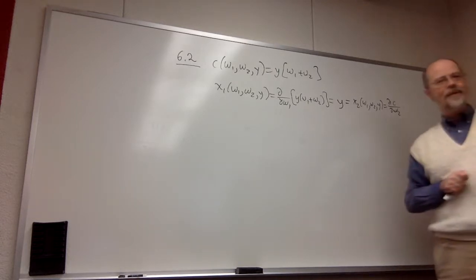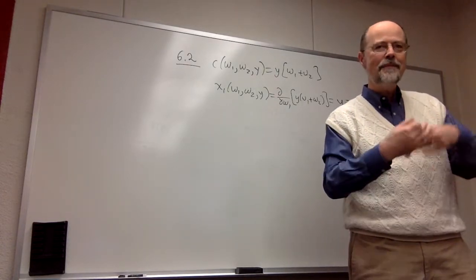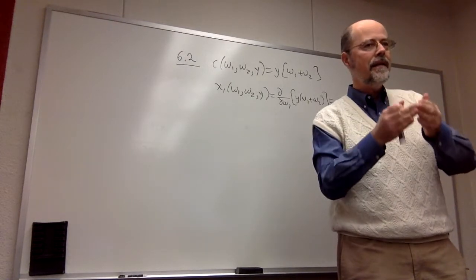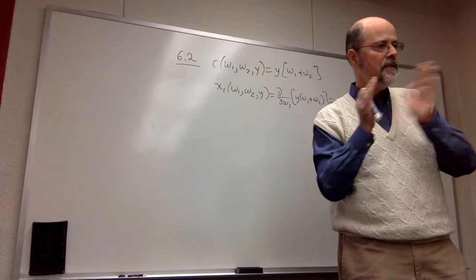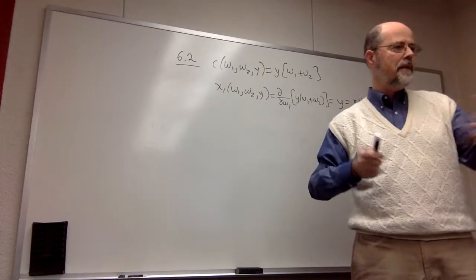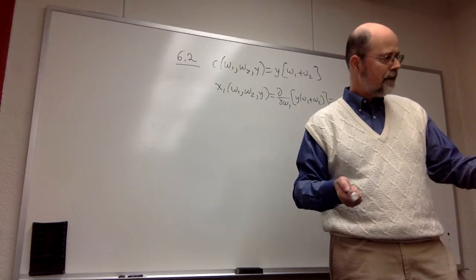Now you know what production function will give you this. Perfect complement, right? No matter what the price ratio of factors is, you always buy the same amount of each of the two factors. So the production function is Leontief, minimum of x1, x2, right?